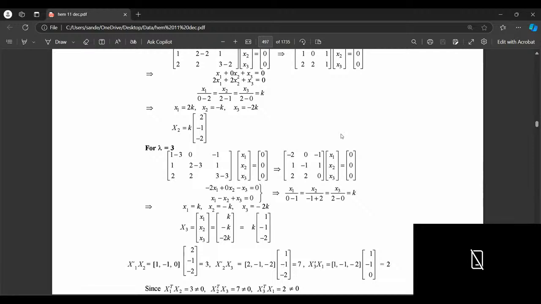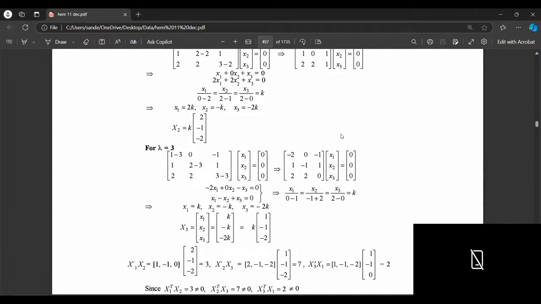And what is our condition for orthogonal vectors? x1 transpose x2 equal to 0, x2 transpose x3 equal to 0, and x3 transpose x1 equal to 0 are the conditions for orthogonality.